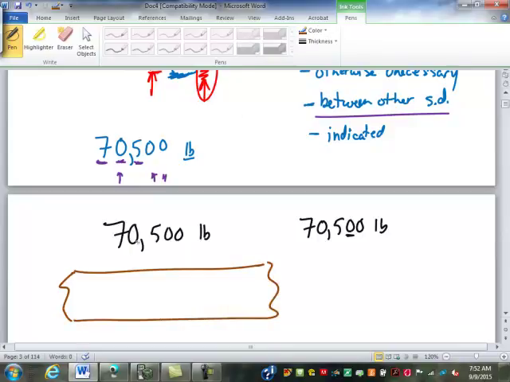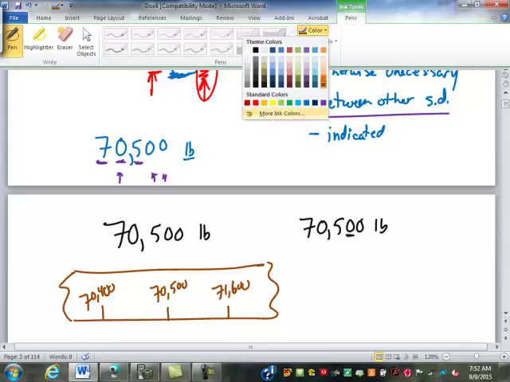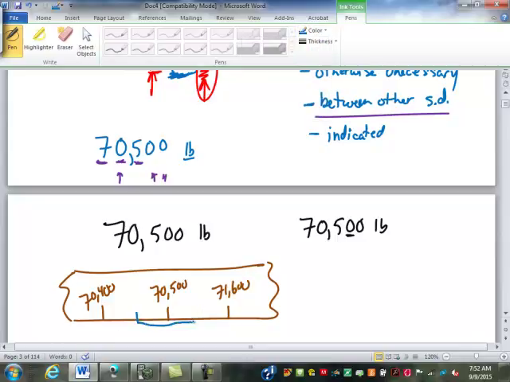That means this one here is being measured with a scale that's only good to the nearest 100 pounds. I did that wrong. This should be 70,400 and 70,600. You can only measure to the nearest 100 pounds, and it happened to be closest to 70,500.